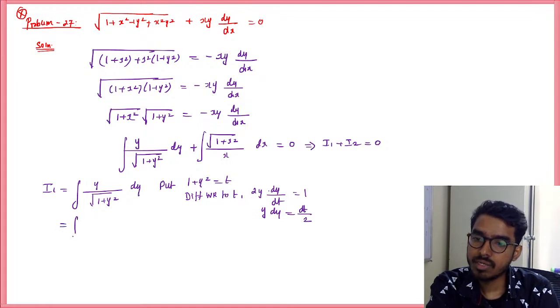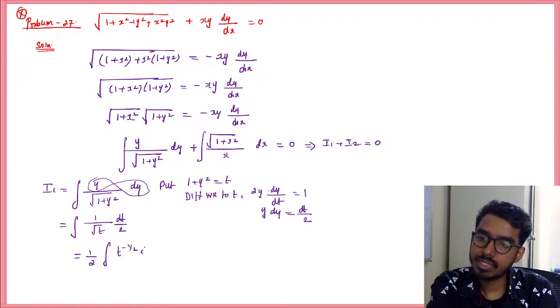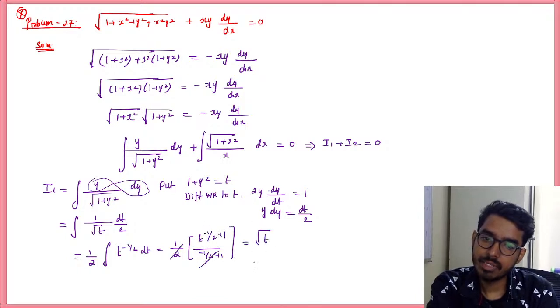So this will be the integration of, so y dy is dt by 2, so 1 by 2 integration of t power minus 1 by 2 dt, which is 1 by 2 t power minus 1 by 2 plus 1 divided by minus 1 by 2 plus 1, and this will be root t, which is root of 1 plus y square.